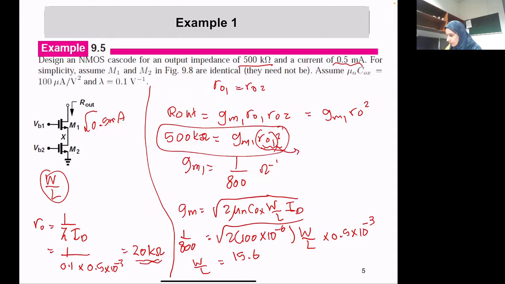So 500K equals GM 1 multiplied with 20K square divided by 4.5 divided by 4 ideally will give me this 1 over 800. If you do the math with a calculator, you will get the same value. So it came from this equation.